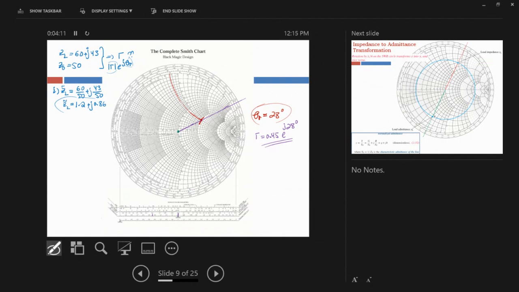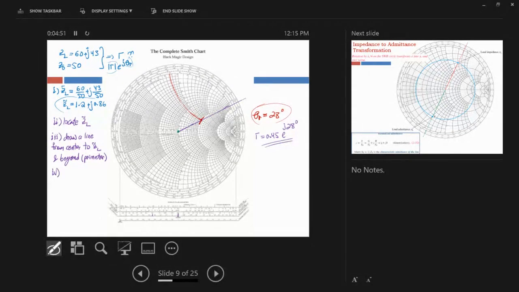You first normalize. Then you locate Z sub L, which is the normalized impedance. Then you draw a line from the center to the location of Z sub L and beyond, which goes to the perimeter.